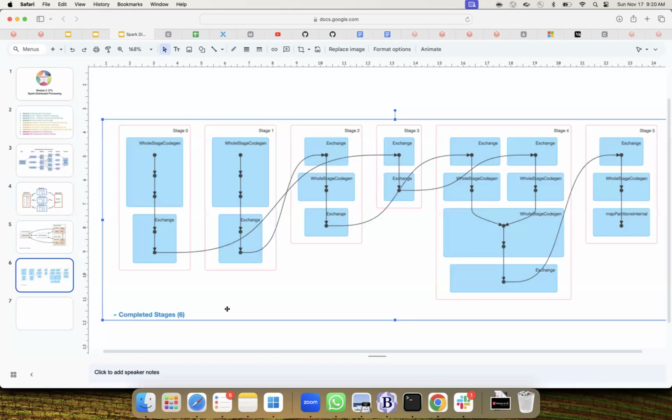So what does that mean? If you have 10 machines and each machine has 10 cores, and you have 200 partitions, then with a 100 core cluster, 100 tasks will run in parallel, which means that 100 partitions will be done in round one.